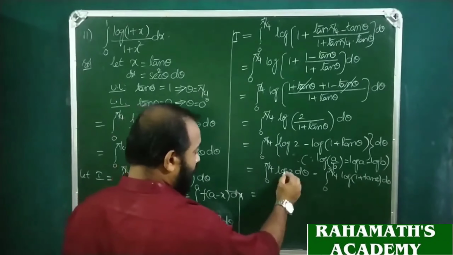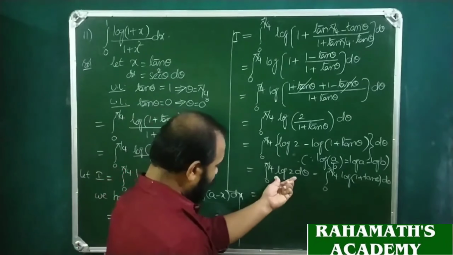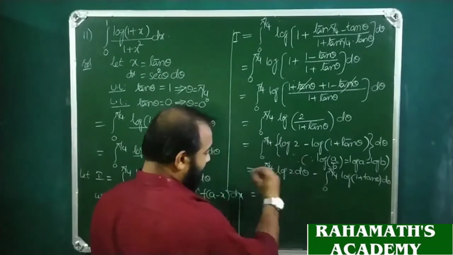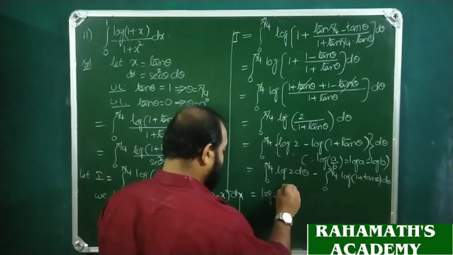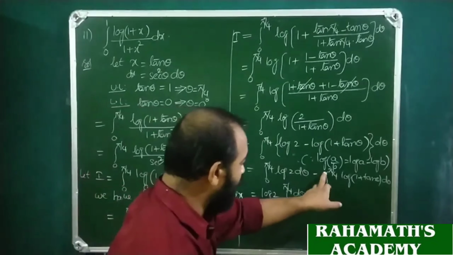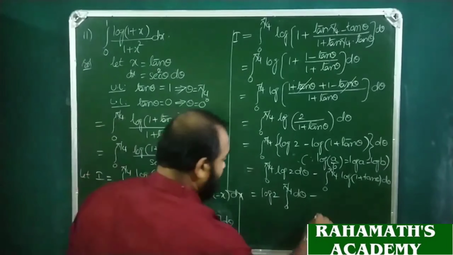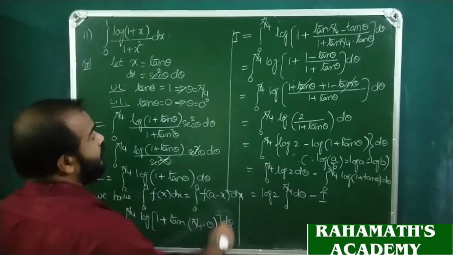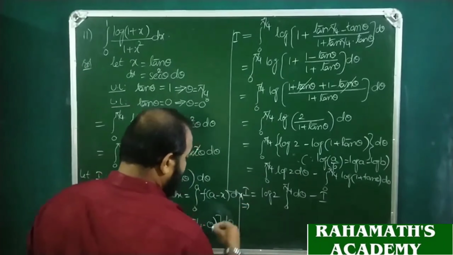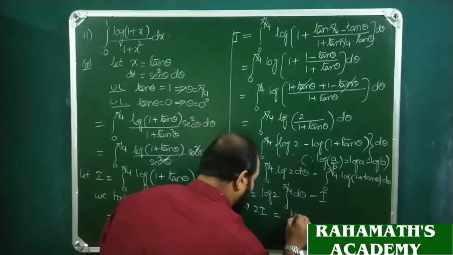Since log 2 is independent of theta, it can be treated as a constant and taken out. The integral 0 to pi by 4 of log(1 plus tan theta) d theta is what I have taken as I, so I am replacing it with I. If you bring minus I here, it will be 2I.